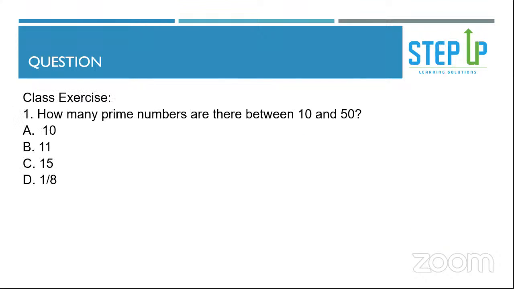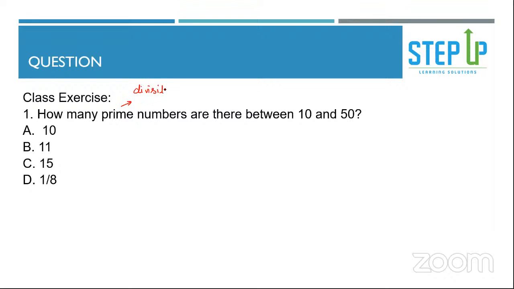Today we are just discussing the concepts along with the questions. So the very first question: how many prime numbers are there between 10 and 50? Like you know, prime numbers are those numbers which are divisible by 1 and itself.